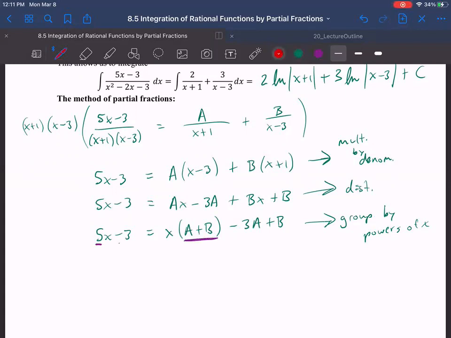Over here, we have minus 3. Over here, we have minus 3a plus b. So we can combine these together, and say that a plus b has to equal 5, and negative 3a plus b has to equal negative 3.